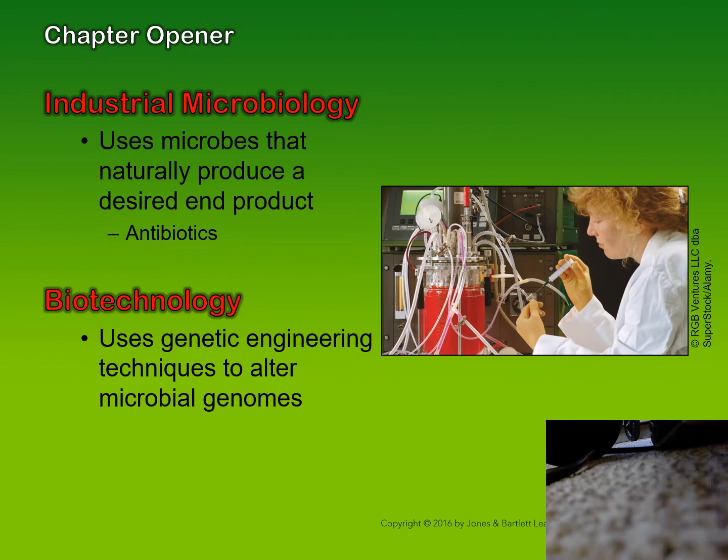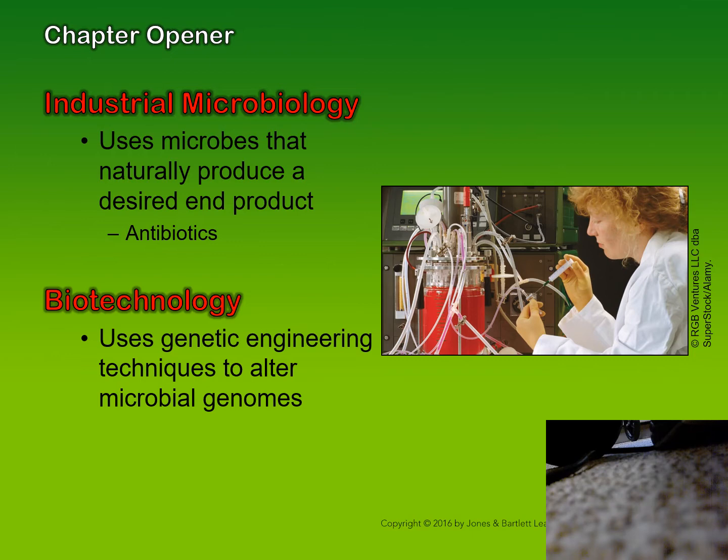Okay. Now in biotechnology, we're going to use some genetic engineering to alter the microbial genome so that it can produce what you want it to do. Since E. coli is sort of a lab standard and almost anyone can grow E. coli, one of the things that we often do is take a metabolic pathway from some other bacteria that might be really difficult to grow and put the genes into the E. coli, and then use the E. coli to make that product.